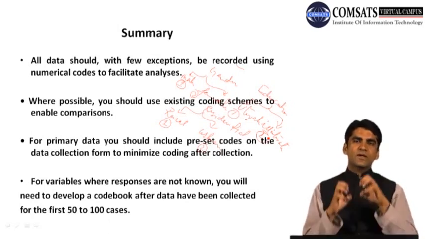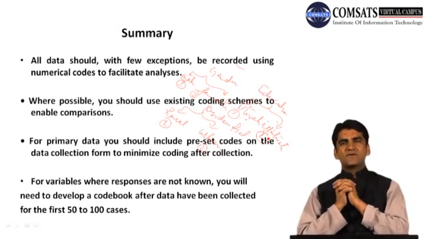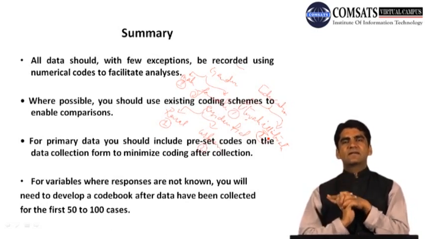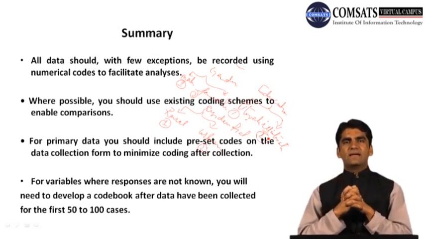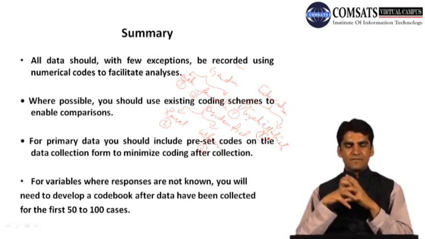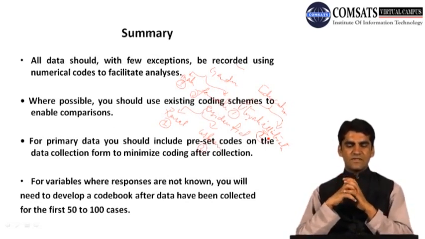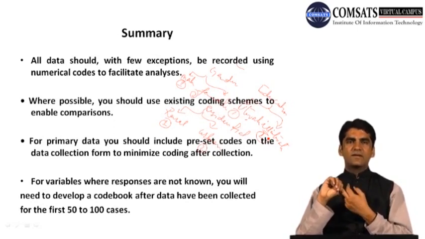So you have to put coding in while making your questionnaire, rather than after, because that will create a hustle and bustle for you and cause problems for coding, entering data and analysis. For variables where responses are not known, you will need to develop a code book after data have been collected for the first 50 to 100 cases, so that you can understand where the data is missing and how you code it.